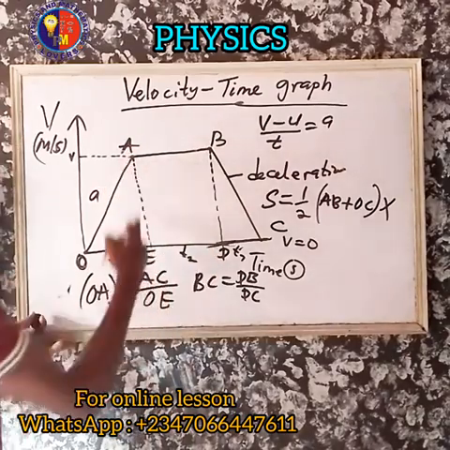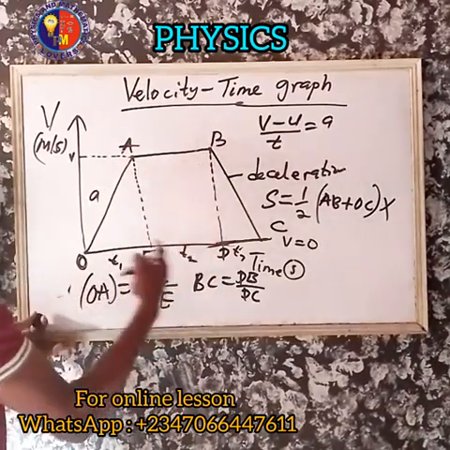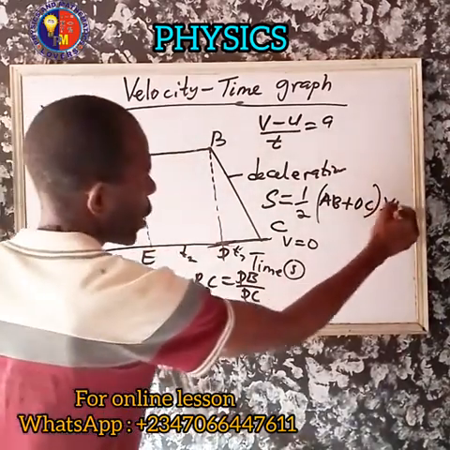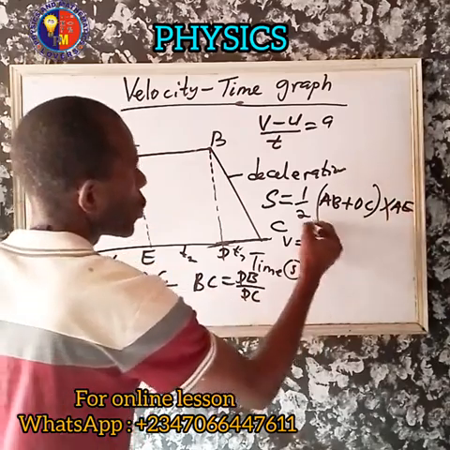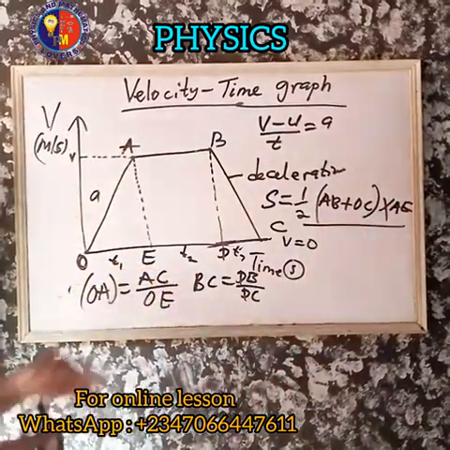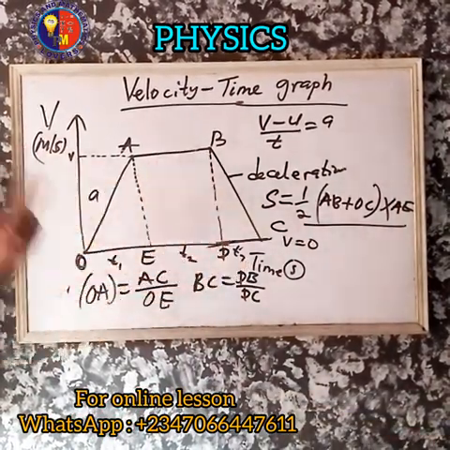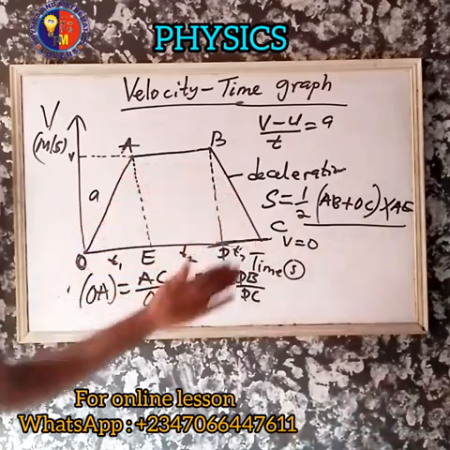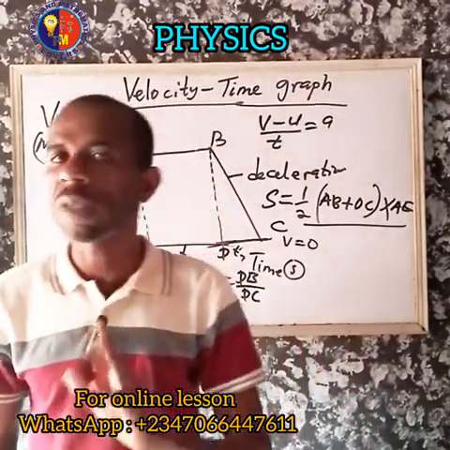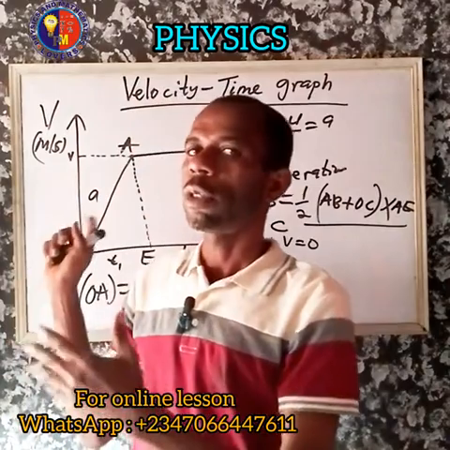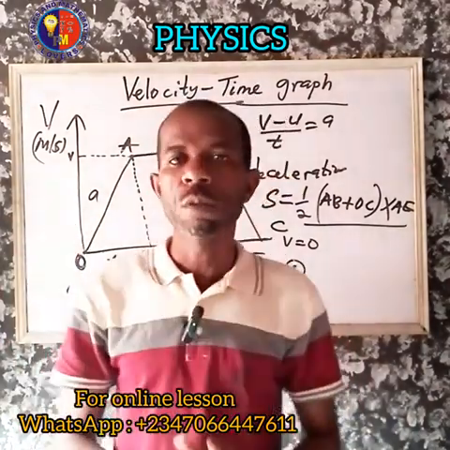Since this forms a right angle, this is a rectangle here, then times AE. So this is how we calculate the total distance, the acceleration, and the deceleration. From the velocity time graph, the whole of this information can be gotten.